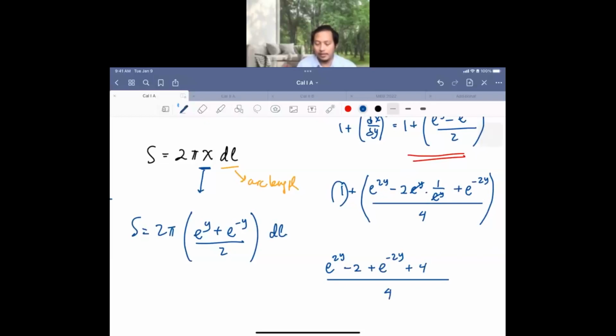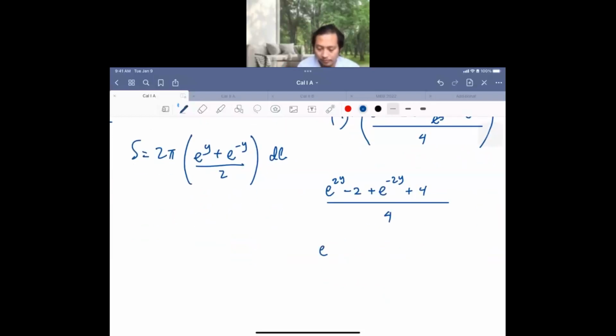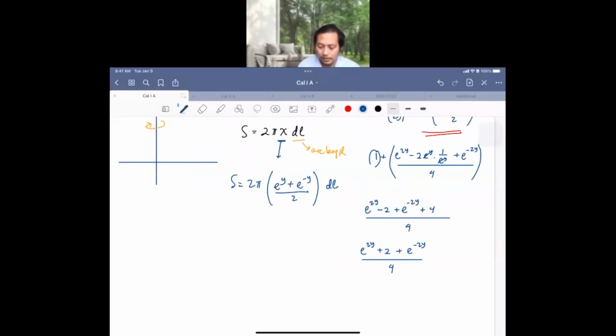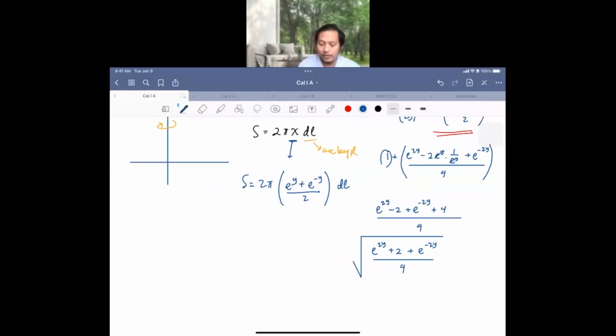So this is supposed to be plus 2 plus e^negative 2y over 4, and this is under the square root. Now we still need to take out this square root.